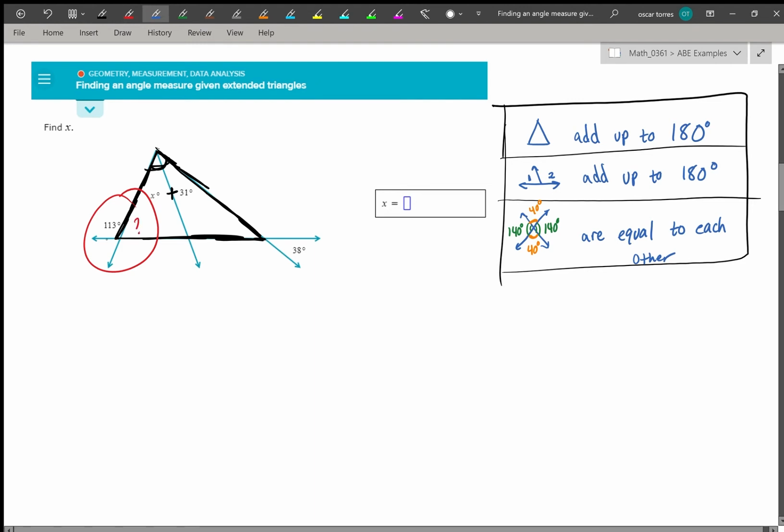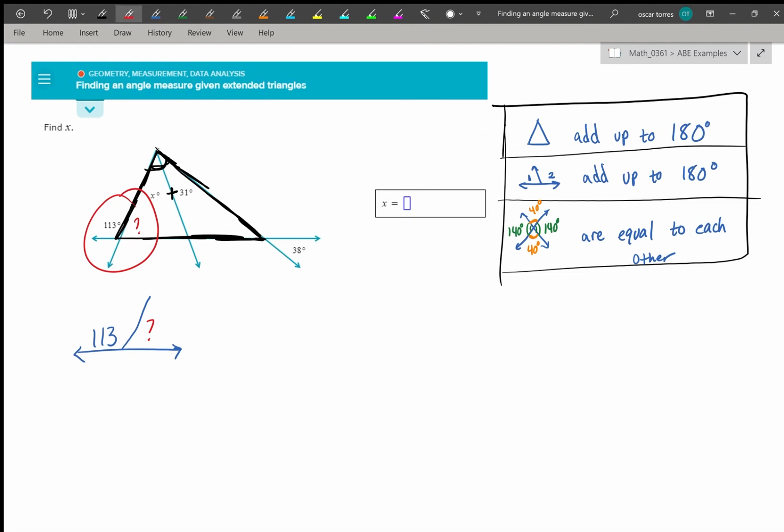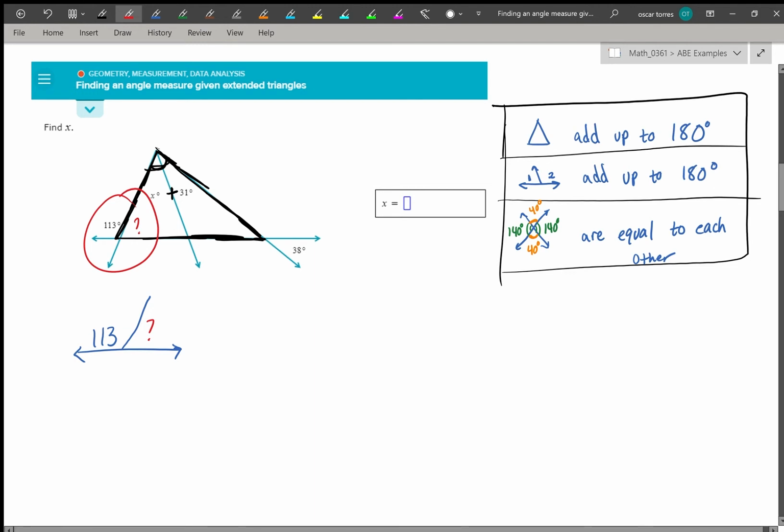So if I imagine zooming into this circle, we have a straight line, we have a 113 out here, and then we have this angle inside that we're looking for. If we compare this shape to one of the ideas that I mentioned earlier, we know that these are supplementary. In other words, they add up to 180 degrees. So if they add up to 180 degrees, we can take 180 degrees and subtract 113.